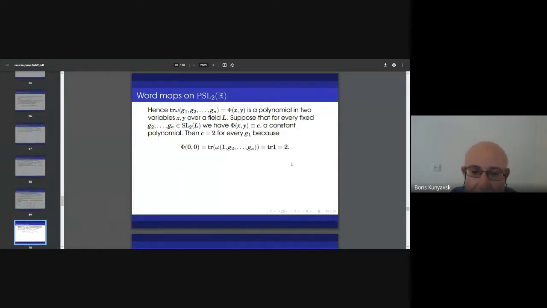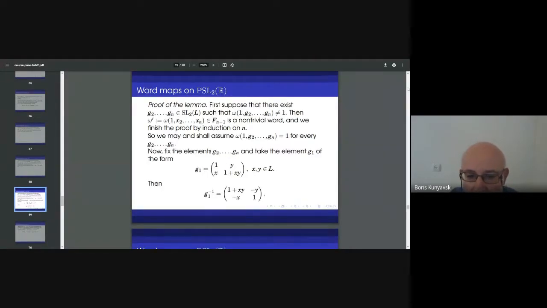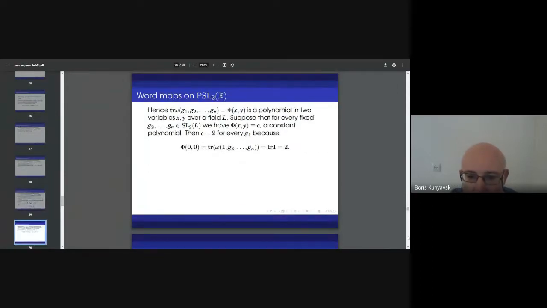I claim that this is 2, because if we substitute 0, we get the trace of the unit matrix, which is 2. Why unit matrix? Just look. Substitute x equals 0 and y equals 0. Yeah, we have 1 and 1. So we have trace equal to 2.